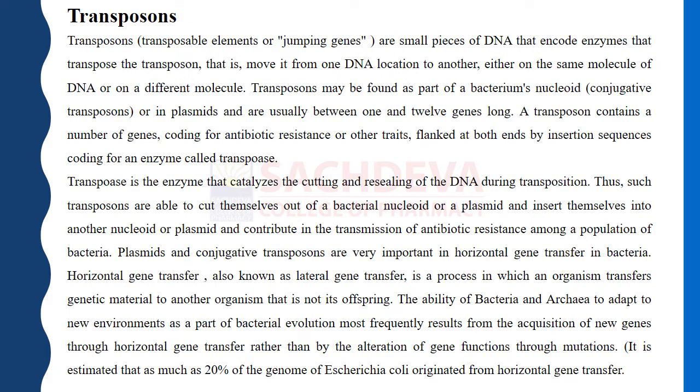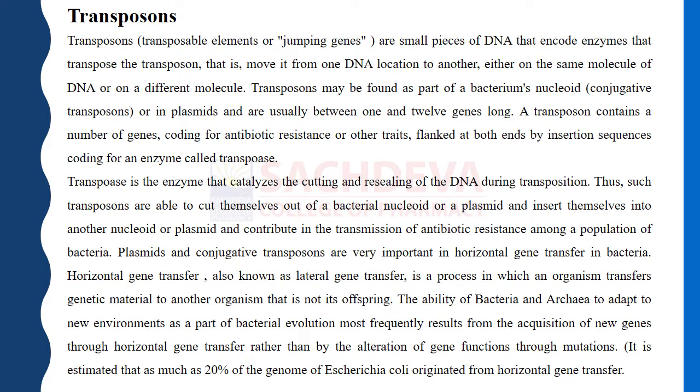The transposon contains a number of genes coding for antibiotic resistance or other traits, flanked at both ends by insertion sequences coding for an enzyme called transposase. Transposase is the enzyme that catalyzes the cutting and resealing of the DNA during transposition.